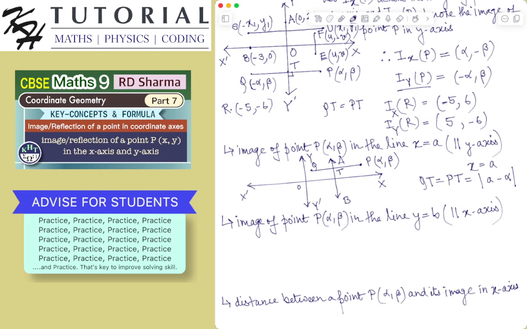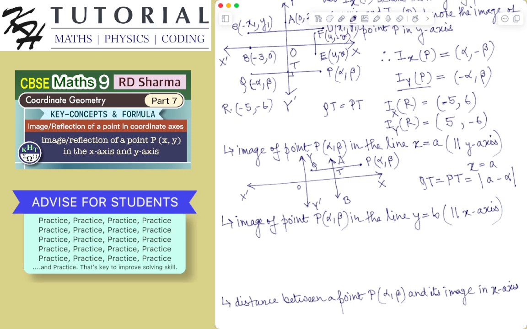So the distance of P from the line AB will be the absolute value of A minus alpha. So QT is equal to PT, which is equal to the absolute value of A minus alpha.